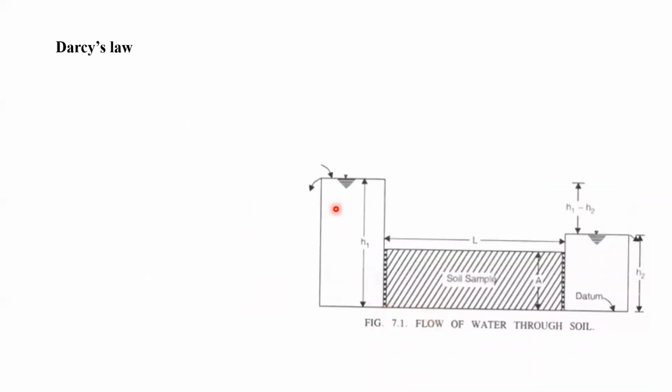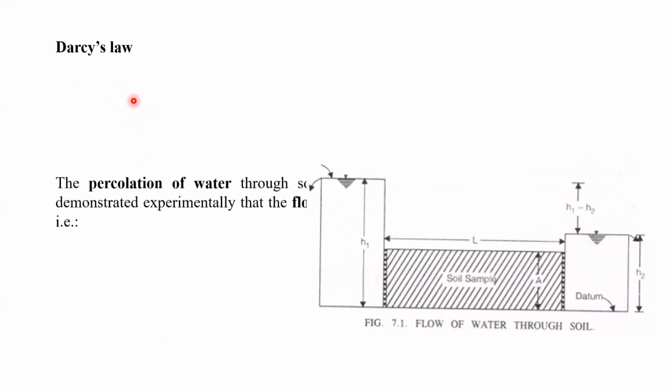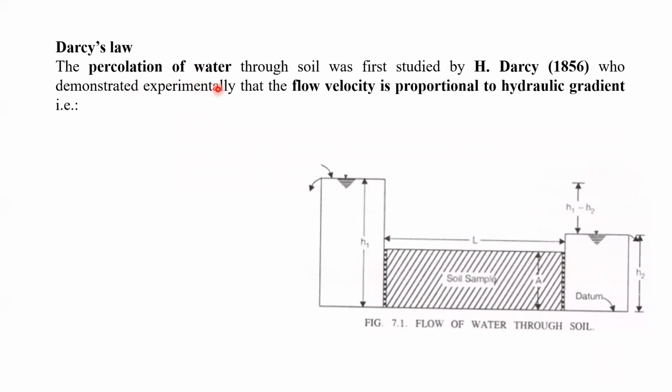Now we shall talk about Darcy's law. Darcy has given one relationship about the flow of water through the soil media. The percolation of water through soil was first studied by H. Darcy. How the water percolates through the soil media, right?